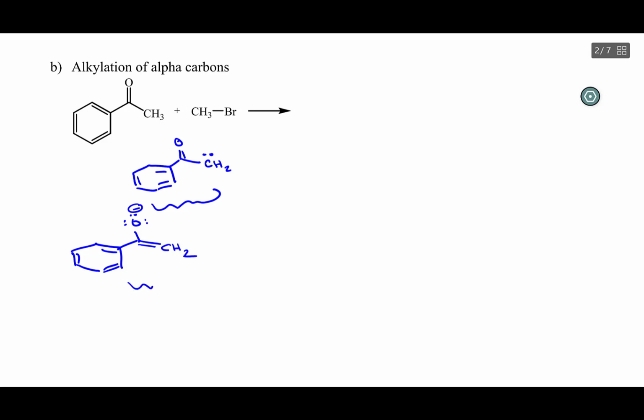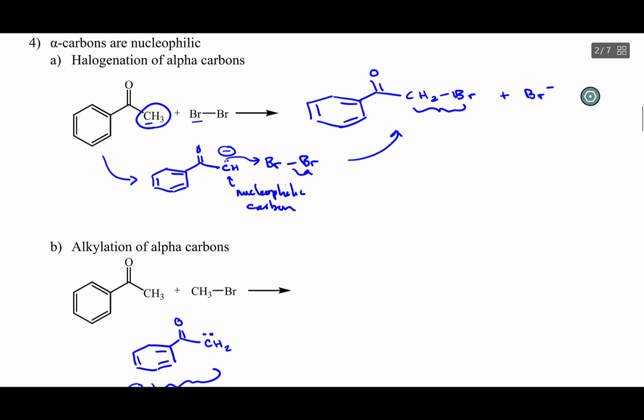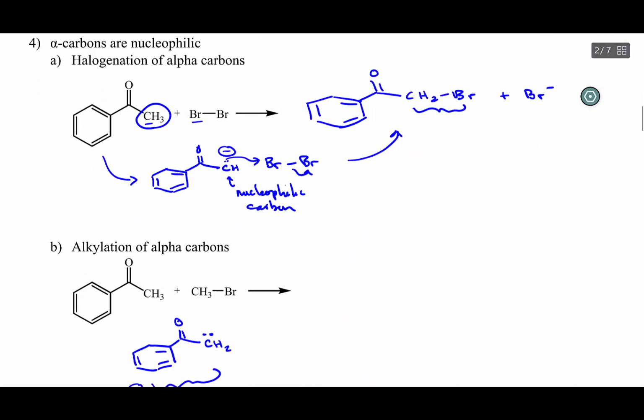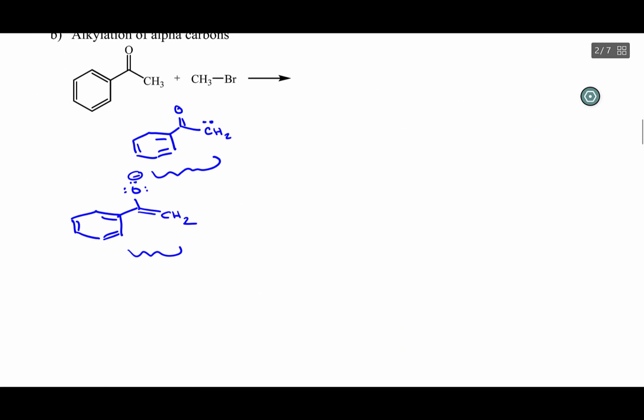So this is the enolate. If you look up here, that's what I drew up here. This is my enolate. And then I went to the enol form, but from the enolate form, I have resonance structures. This is just the resonance structure of the enolate.